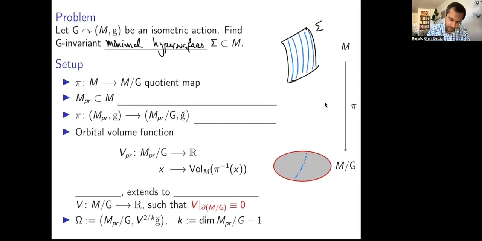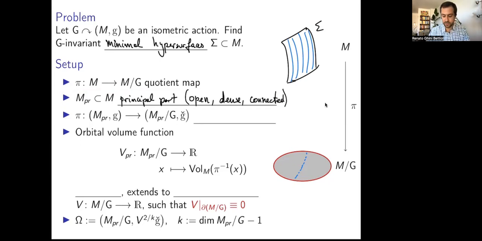Okay, so the setup here is the following. Let's denote by pi the quotient map, and by M_PR the principal part of our manifold with respect to this action. So that's the union of principal orbits. Recall that the union of principal orbits is an open dense subset. It's also connected.